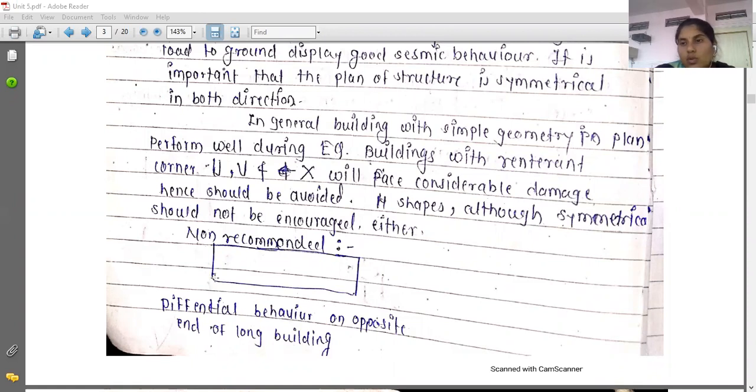Such buildings will not act as good resistive buildings during an earthquake, so that structure is not recommended for earthquake loading. Now we have to go for the next type of shape.